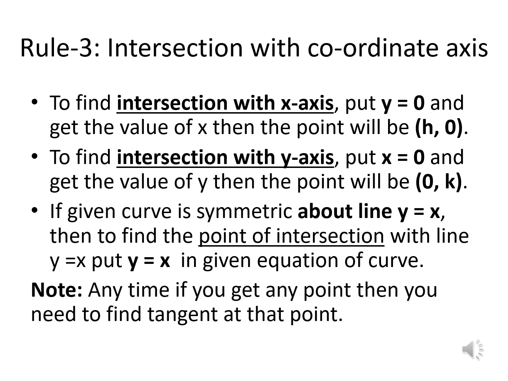Note, anytime you get any point, you need to find the tangent at that point. As I already mentioned, if a curve is passing through a point, then you can draw your curve by identifying the tangent at that point.